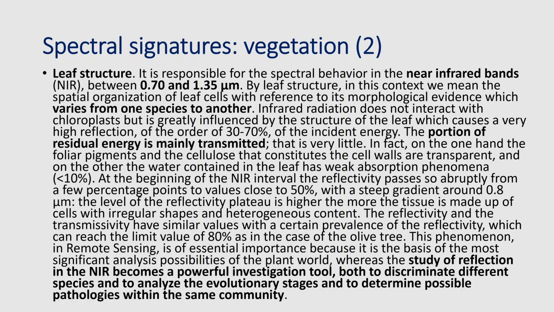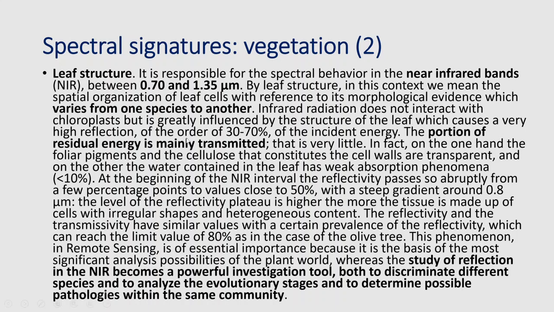And what is important apart from that is also that the different species, being the leaf structure, they're responsible for this high reflectance in the near infrared. This reflection you see here varies from one species to another. So that means that in the near infrared, taking into account how the vegetation is reflecting energy, there's a way to try to distinguish the different species of vegetation.